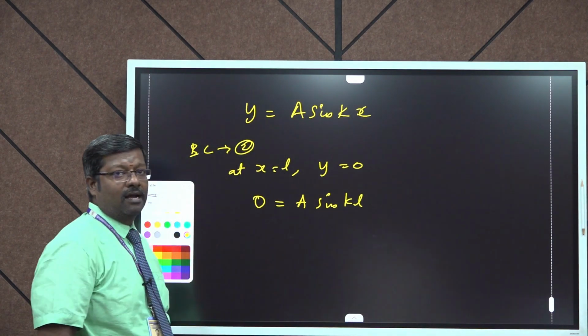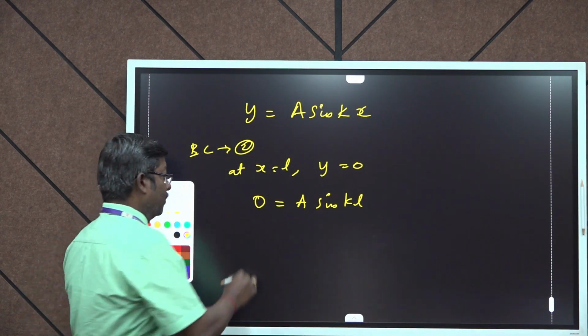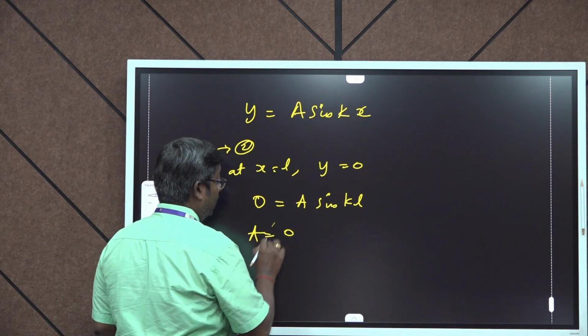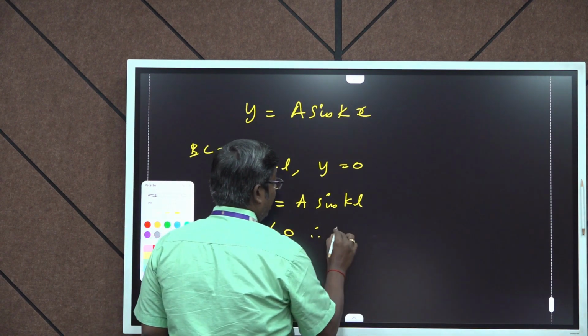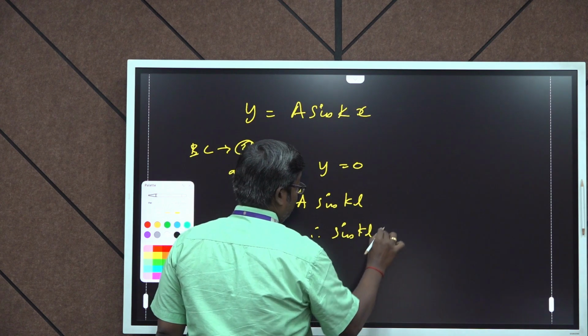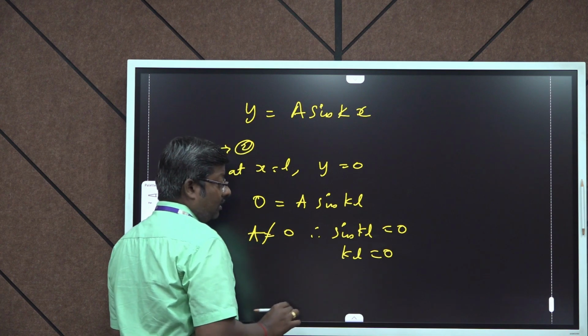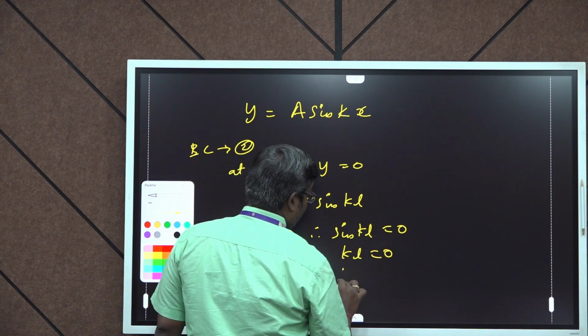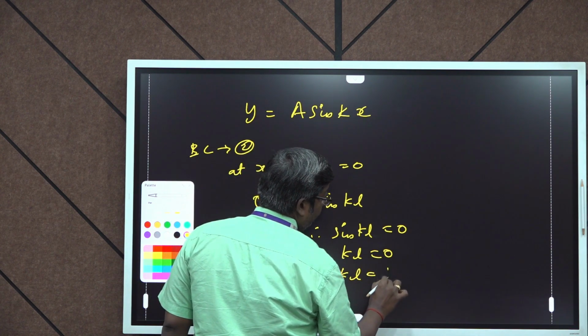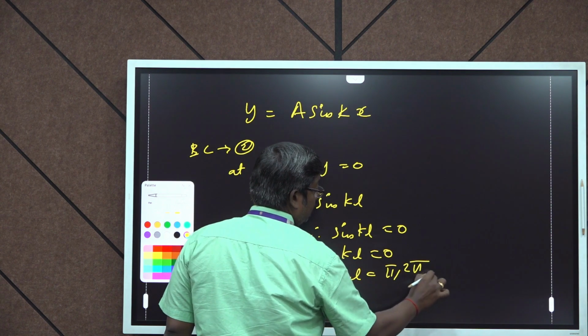Here the constant a should not be equal to 0, so that sin kL should be equated to 0. For sin kL equal to 0, kL will be 0, pi, 2 pi and so on.